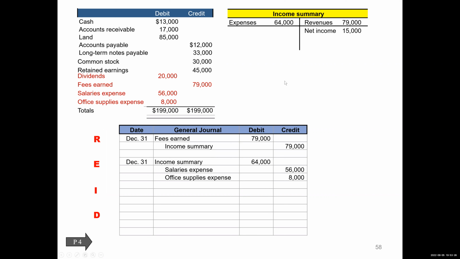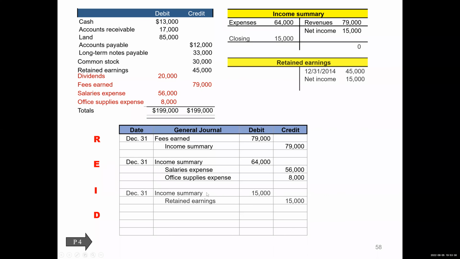It's a credit balance, so we're going to debit income summary for $15,000, and where do we put it? Into retained earnings. So notice here that we successfully closed out income summary, and now our net income sits where it's supposed to, in retained earnings.